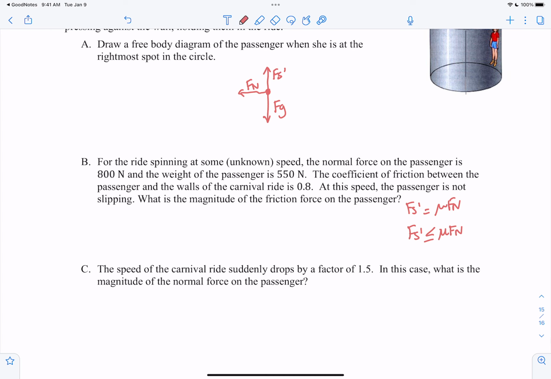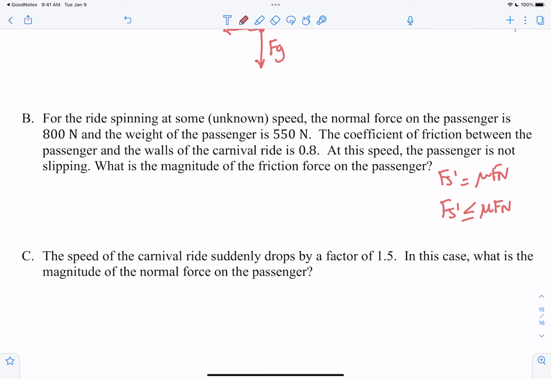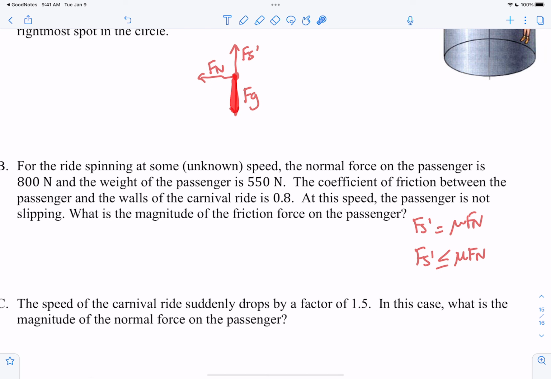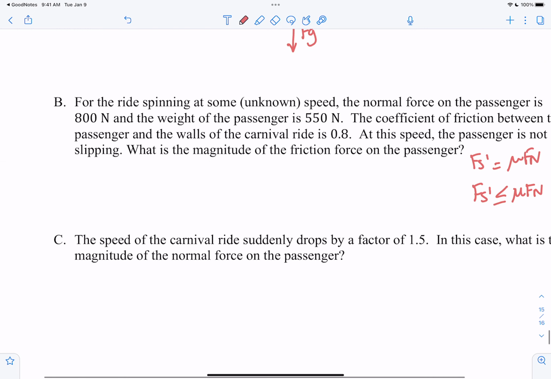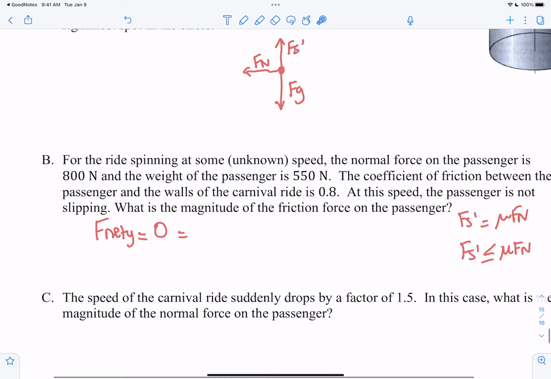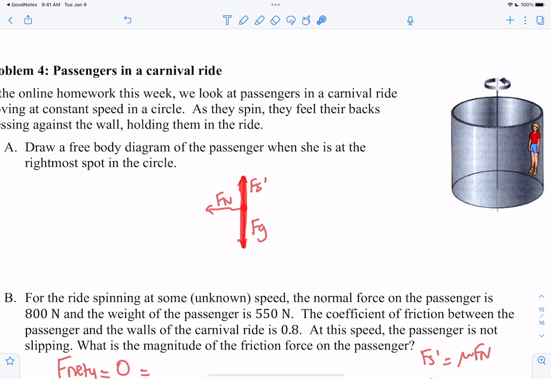So I have here normal force is 800 newtons, and the weight of the passenger is 550 newtons. If I'm concerned with a force along the y direction, I should also be concerned with another force in the y direction. So for F net y, I know that's 0 because everything should cancel out in the y direction here.